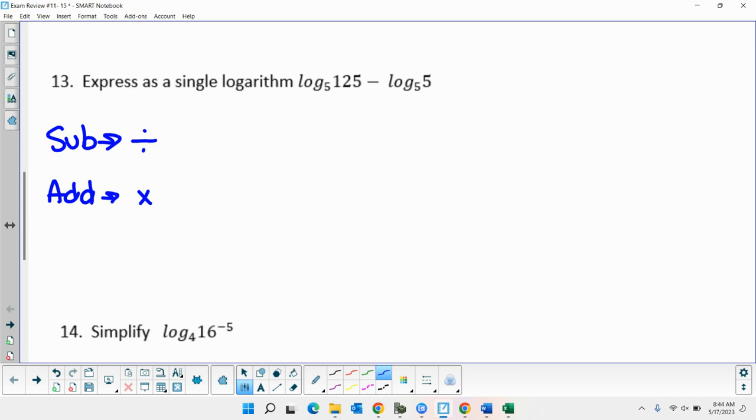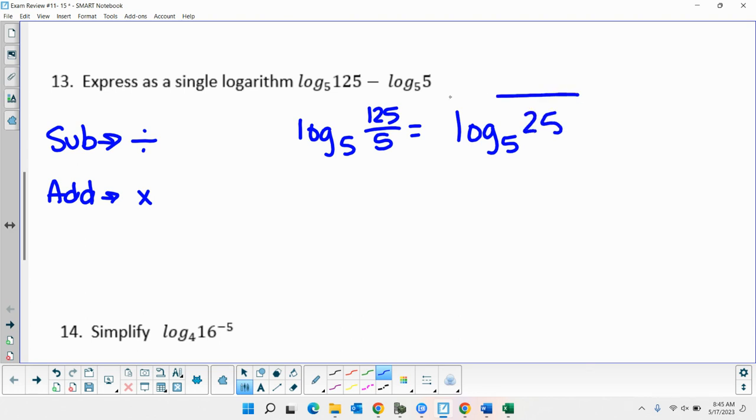That's called condensing. But since it's subtraction, we're going to divide the 2 numbers. And what is 125 divided by 5? 25, did I hear? Or did I hear 5? So that's all you got to do. Just divide the 125 by 5 and get 25. That's a single log now.